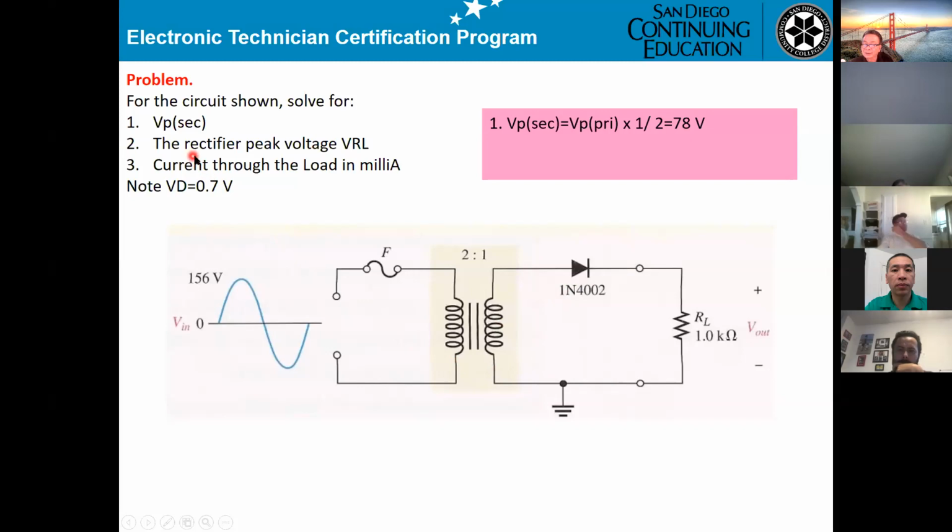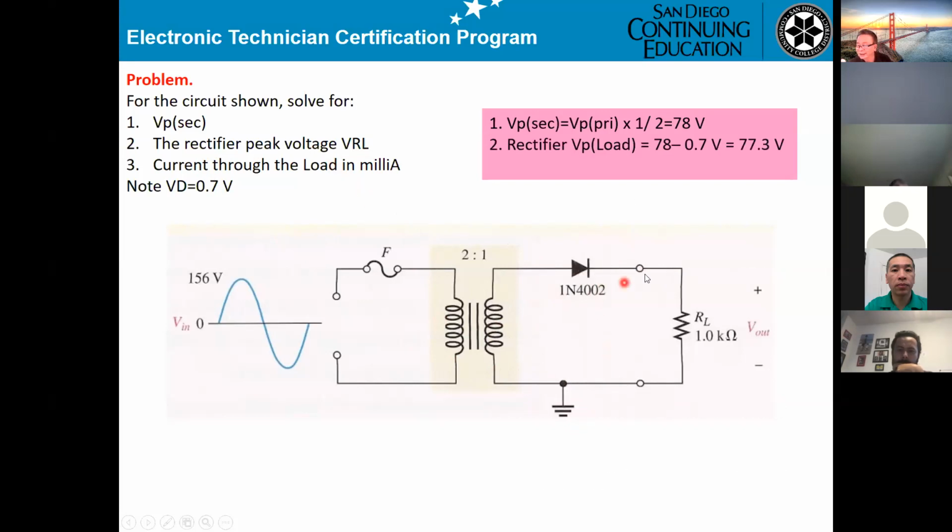And they say, I want the rectified peak voltage. That means the output here, the peak voltage.